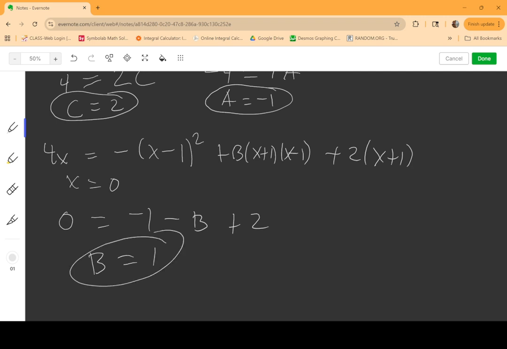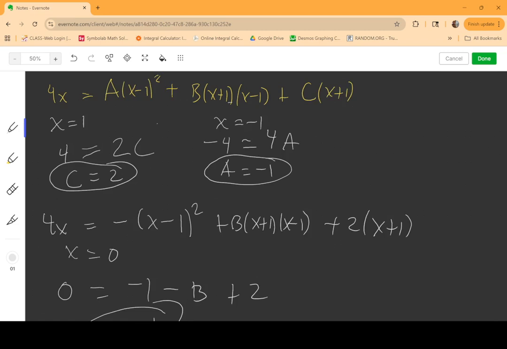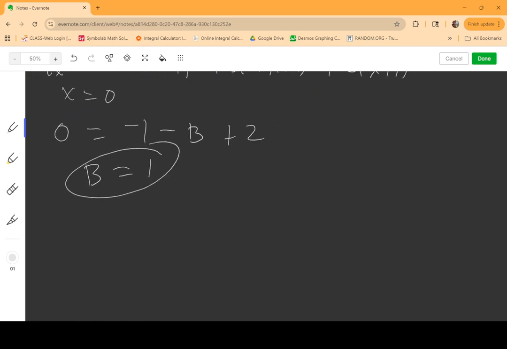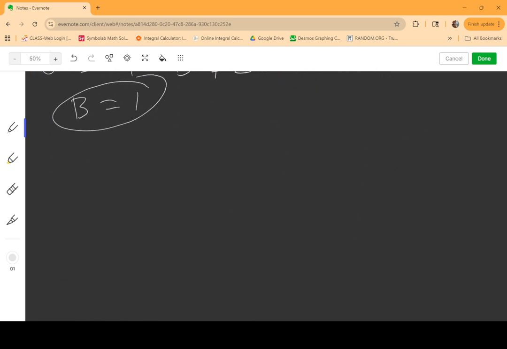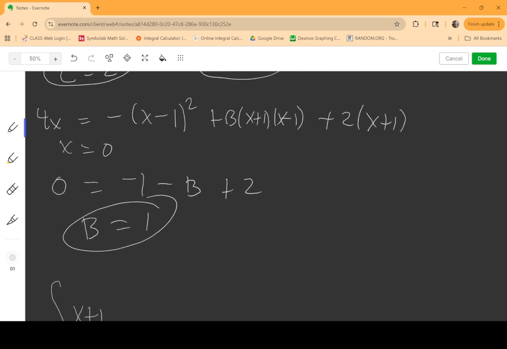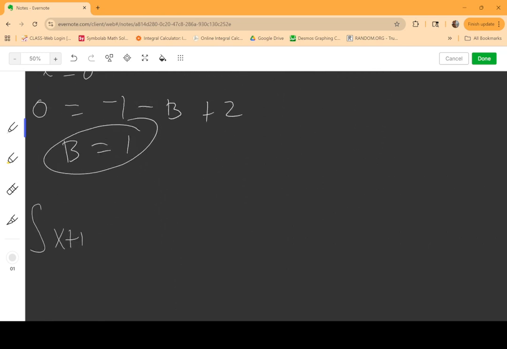All right, so now I can put this all together. Let me see what I have here. So the integral of the partial fraction decomposition was, let's see, a was negative 1.